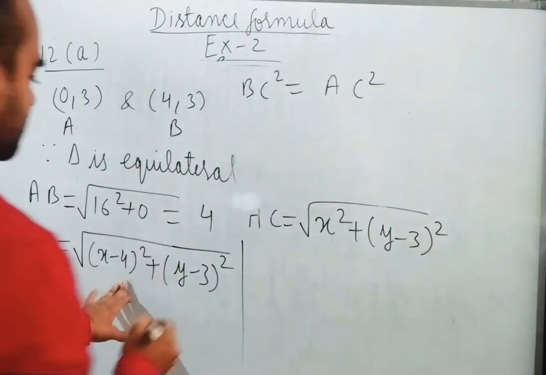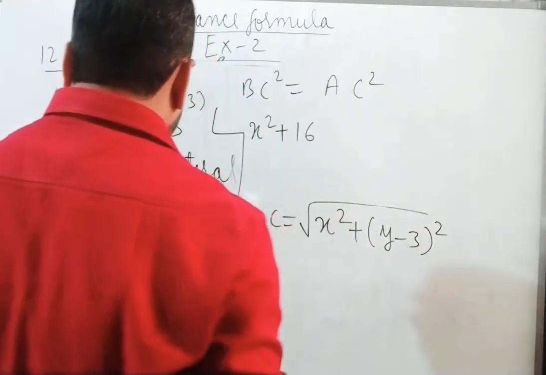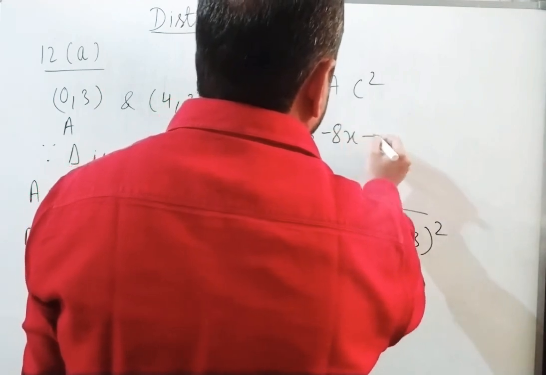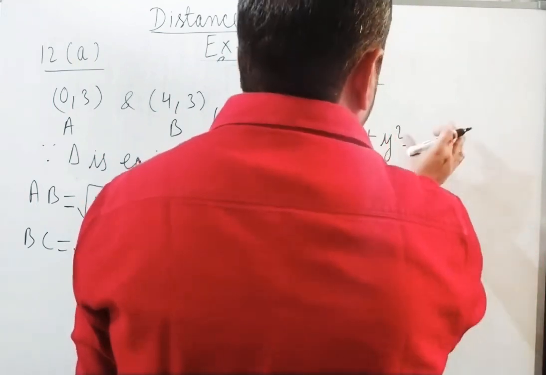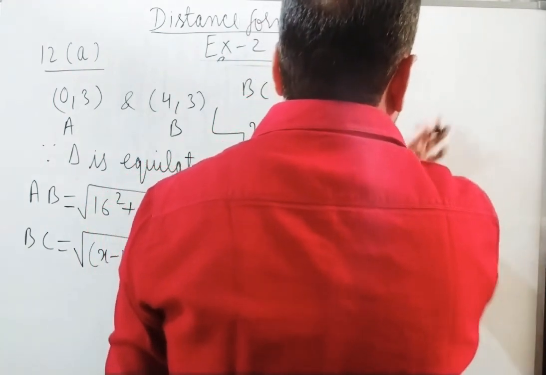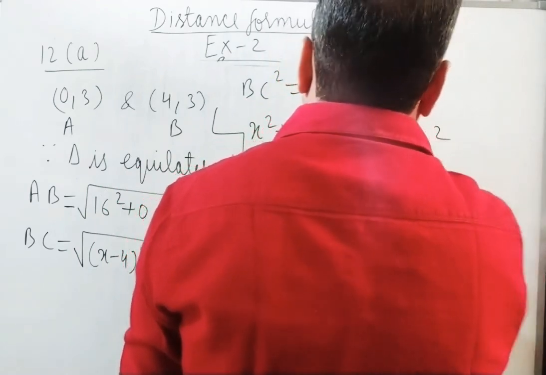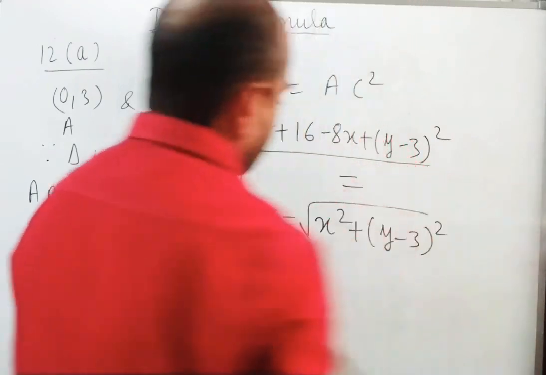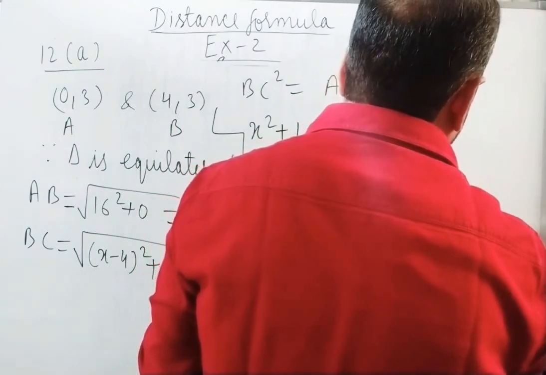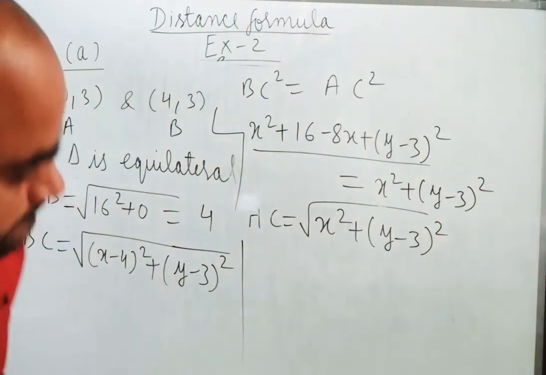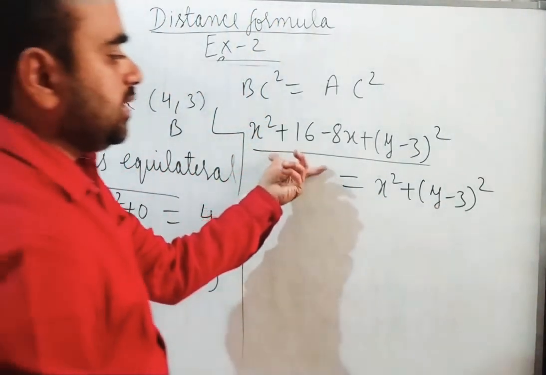BC square will give x square plus 16 minus 8x plus y minus 3 whole square. This is BC square, and then AC square is x square plus y minus 3 whole square. Correct? Both we have equated. Clear?